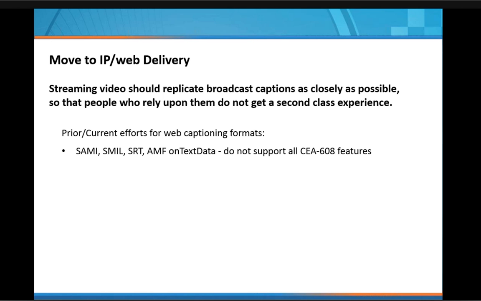So if you're relying on those to carry closed captions in your current workflow, you need to be aware that this is not going to meet the FCC mandate. It's not going to cut it. You do have text, but you're not replicating the look and feel of the original broadcast closed captioning. Things like positioning and roll-up and other things that I showed in the previous slide.